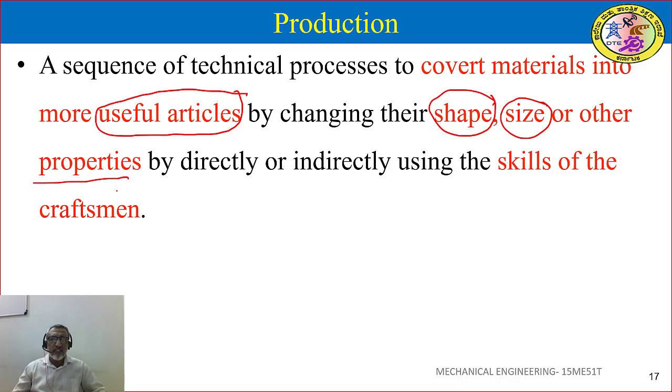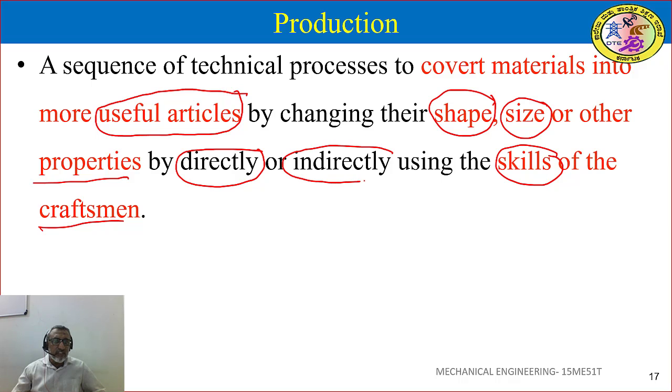So that is the manufacturing process. It involves the skill of the workforce, the skill of the craftsmen, either directly or indirectly. Direct people will be working on the machines, indirect people will be providing the support and facilities for manufacturing. This is one definition of production.